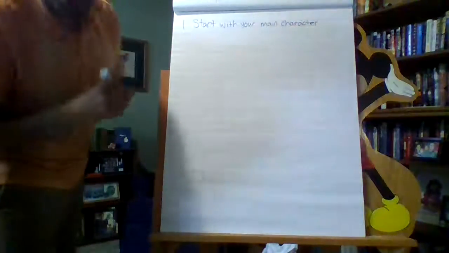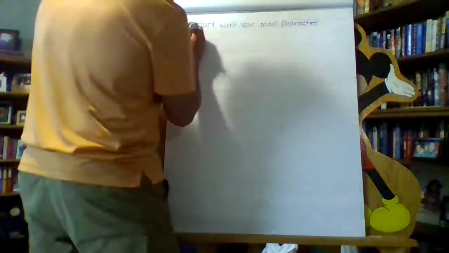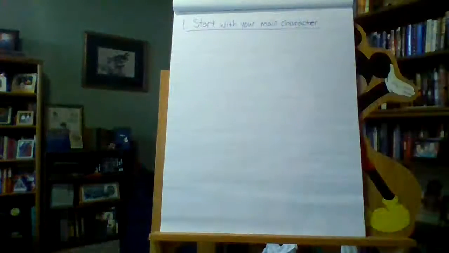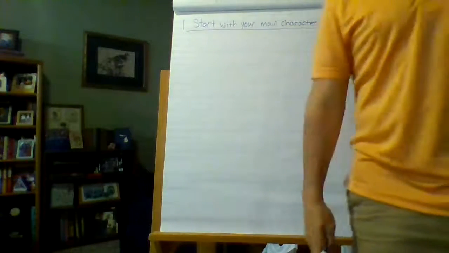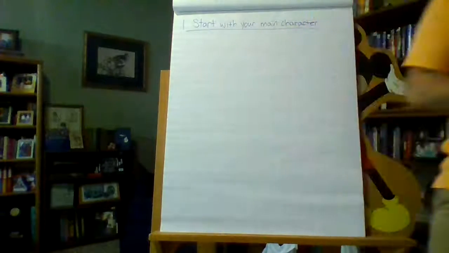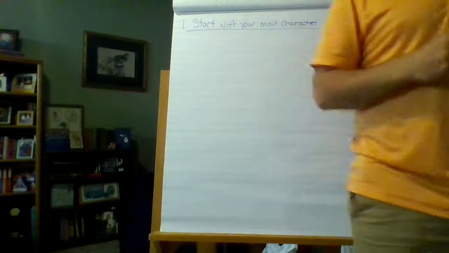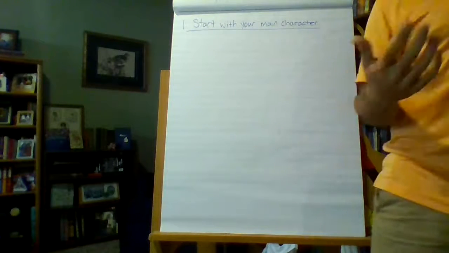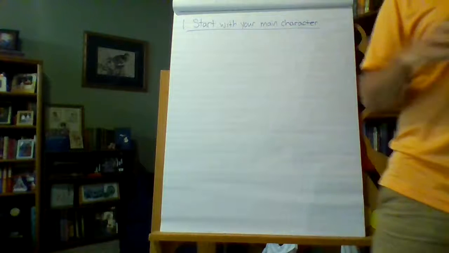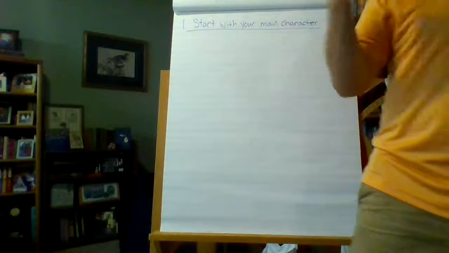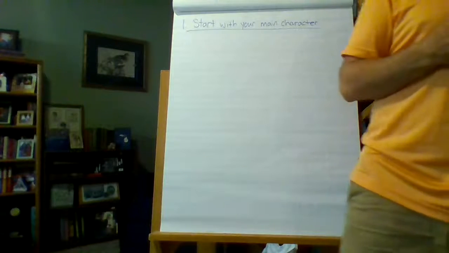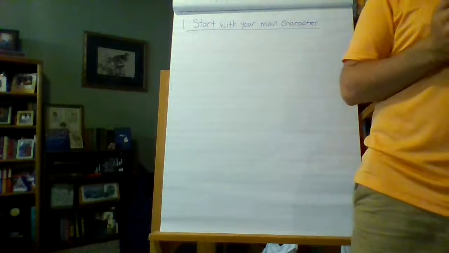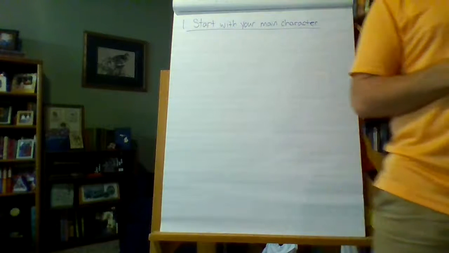Okay. It might be, that's kind of small, it might be a little hard to see, but start with your main character. So, an example that they give, this website I'm looking at, says the best way to create a main character is to base it on yourself. Think about some of your own physical characteristics or personality traits that would work well for the protagonist.